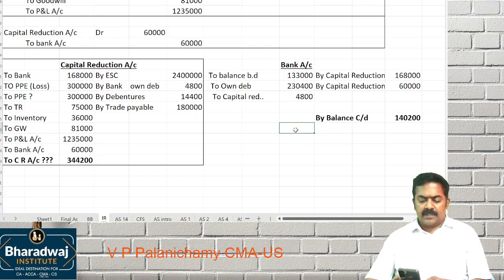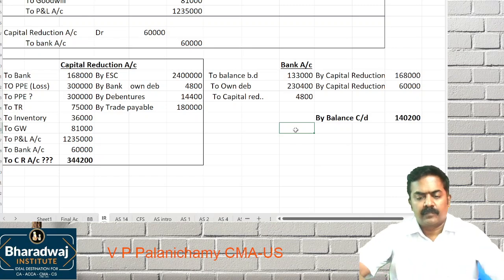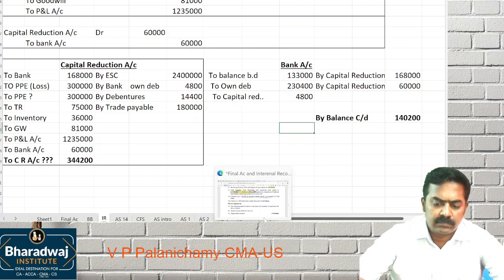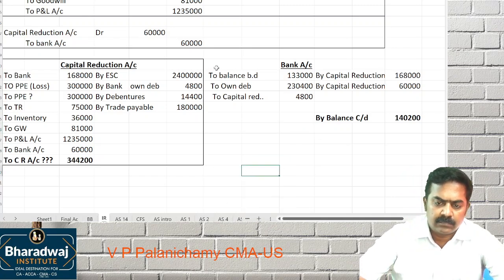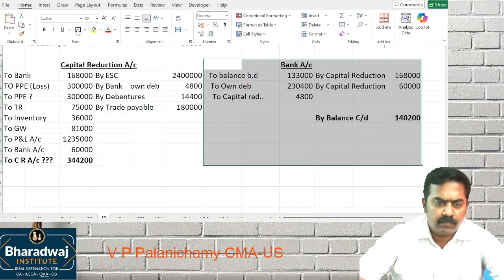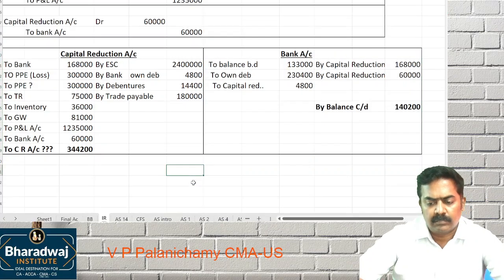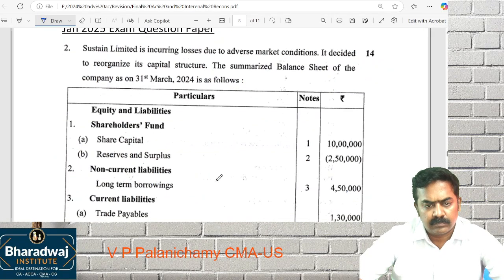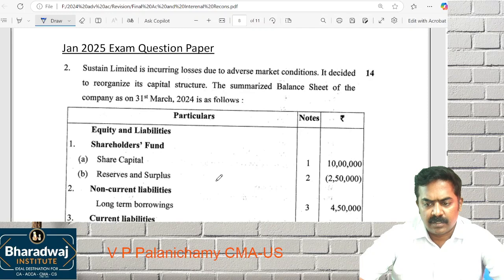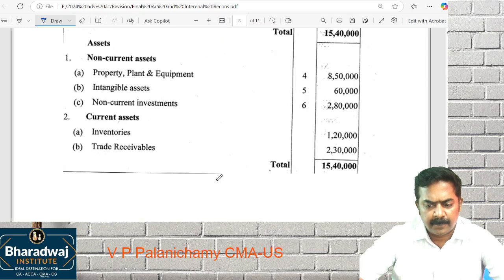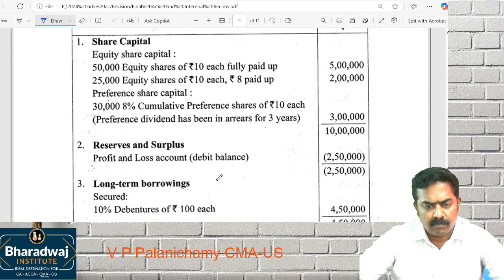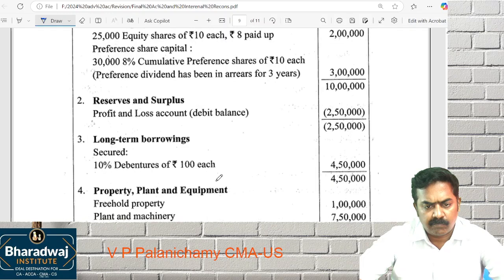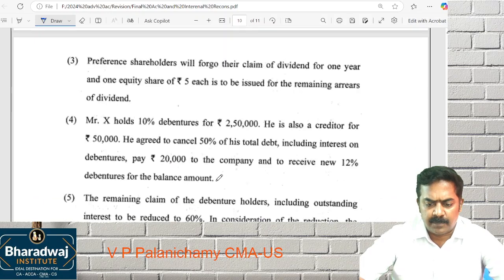They ask you to prepare the balance sheet. This is the January 2025 question paper. Request you to go through the full question paper, then we will solve.